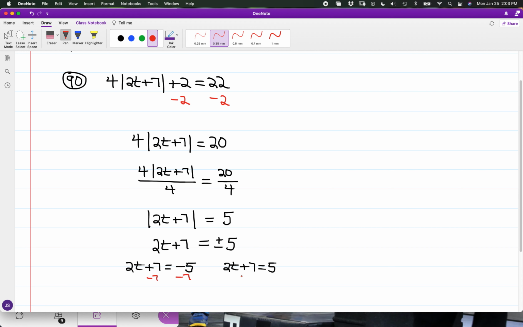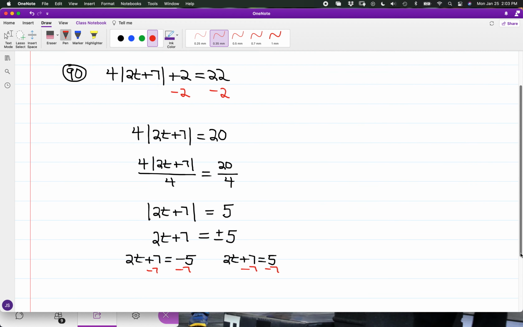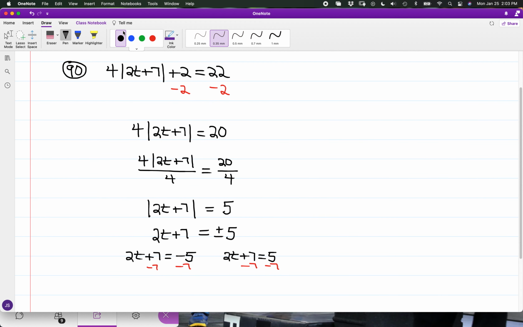For these equations, if I take 7 away from both sides to isolate 2t, if we have negative 5 minus 7, this will be negative 12. For the other, for 2t, I have 5 minus 7, which will be negative 2.